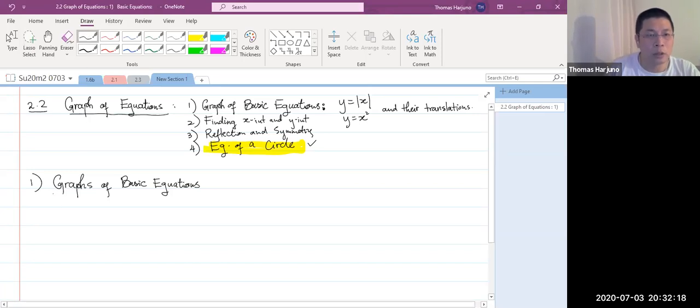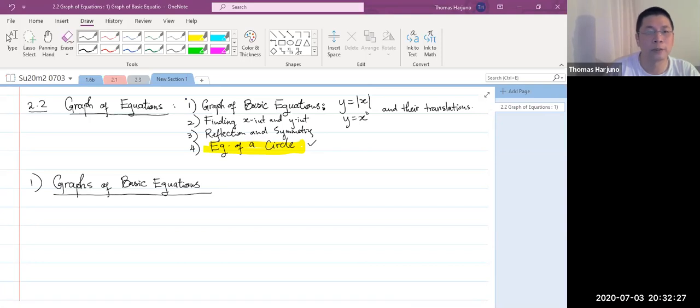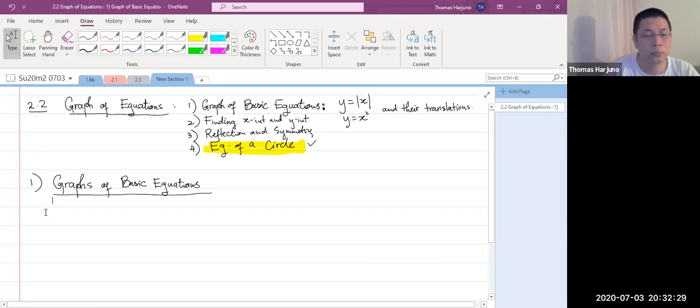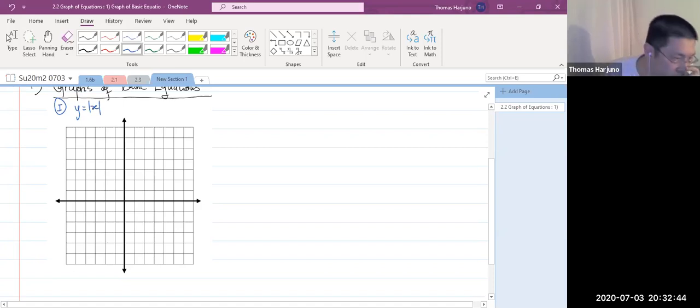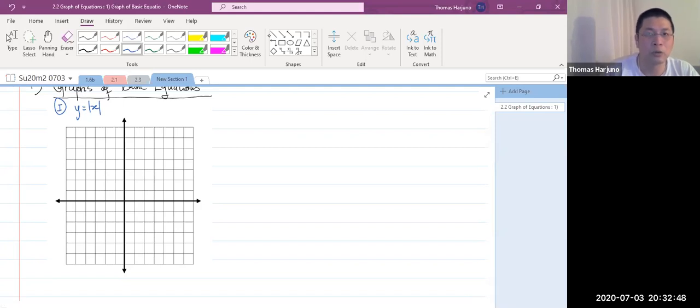The first one is the graph of y equals to absolute of x. This one you have to memorize. But I believe you also know it already, so nothing really to say to memorize.